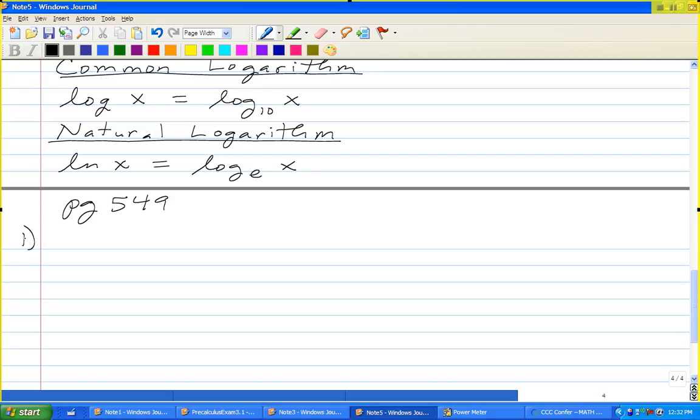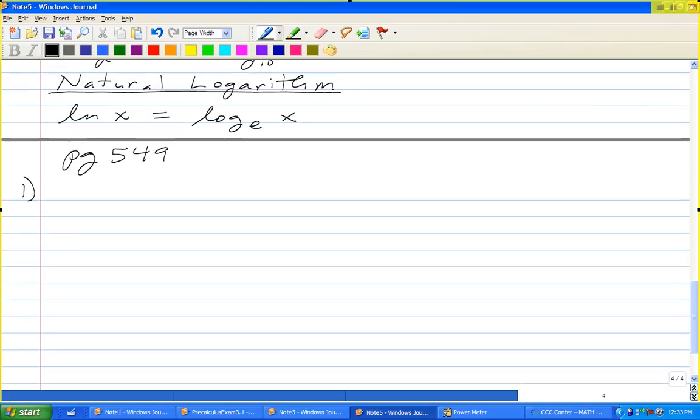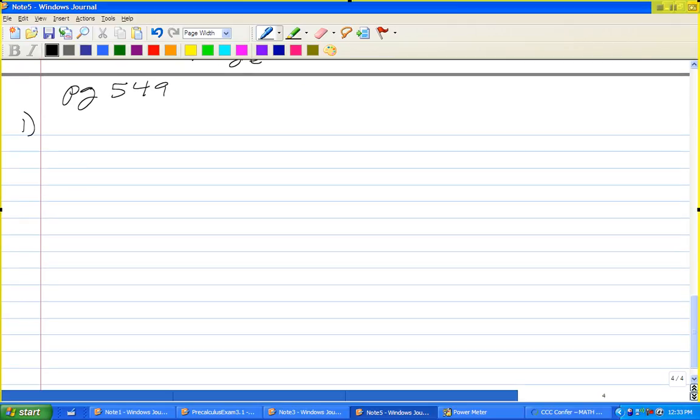Let me do problem number 1. In exercises 1 through 20, rewrite the logarithmic statement as an exponential statement. So we're going to go from logarithmic form to exponential form. So the log of 100 equals 2.